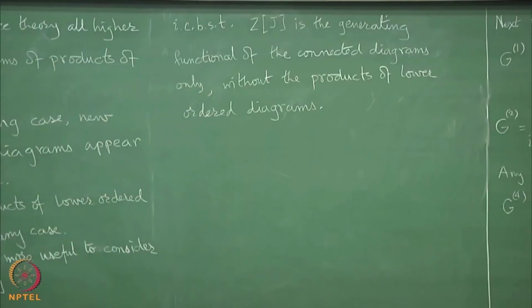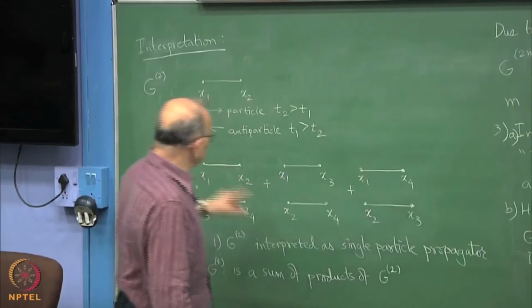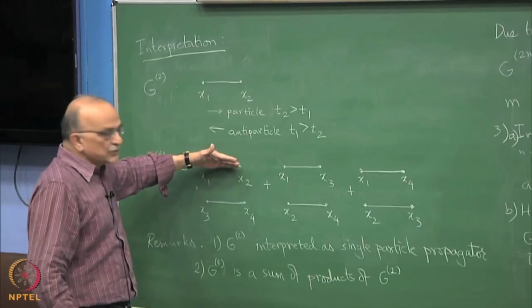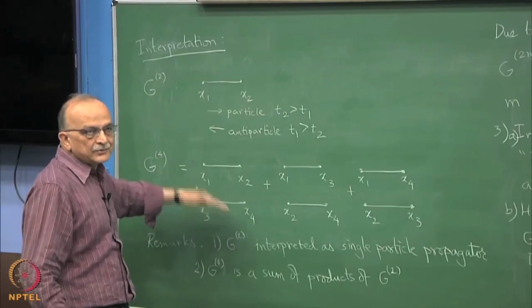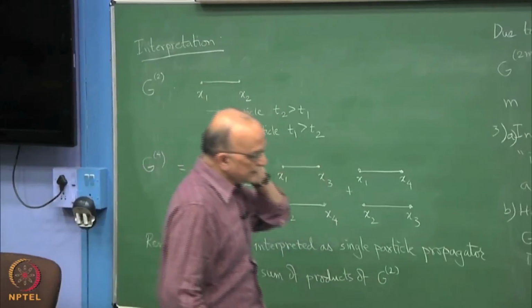So this is one diagram. So this G4 is a sum of 3 diagrams, but this diagram is disconnected because it has some 2 parties not talking to the other 2. So this is a disconnected diagram, this is disconnected.